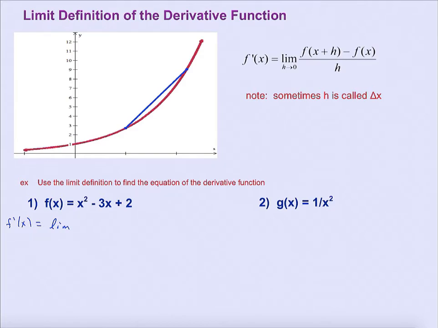f of x plus h, remember that's this piece right here, that would require taking x plus h and plugging it in to both of those x's. Well, that's going to be a little bit messy. x plus h squared minus 3 times x plus h plus 2 minus f of x, which we already have, so I can just write it down.